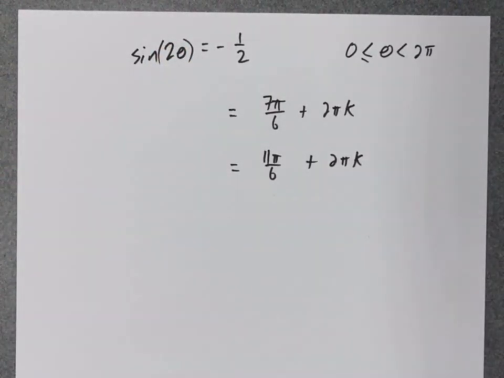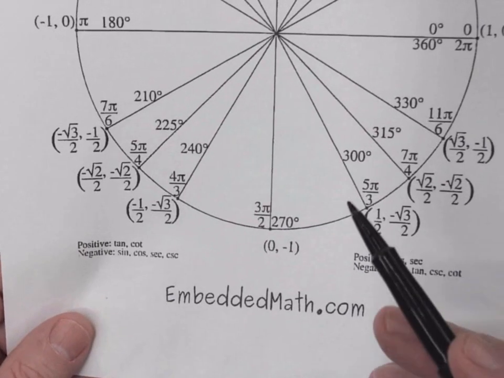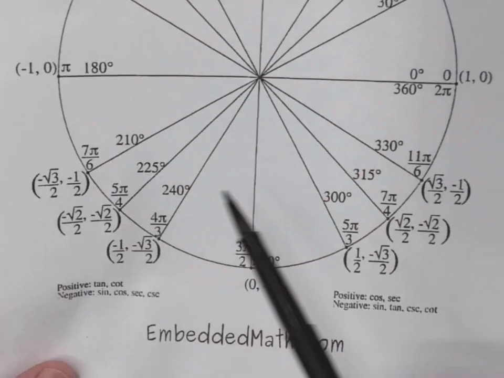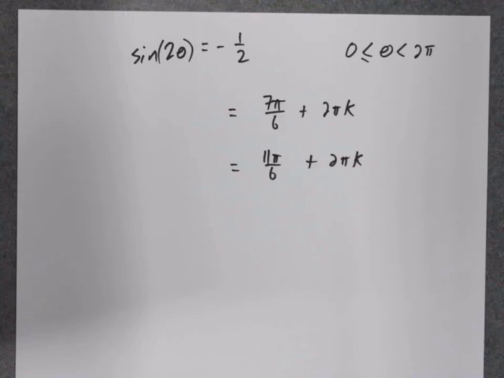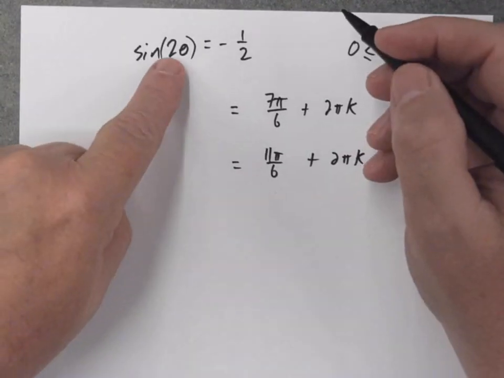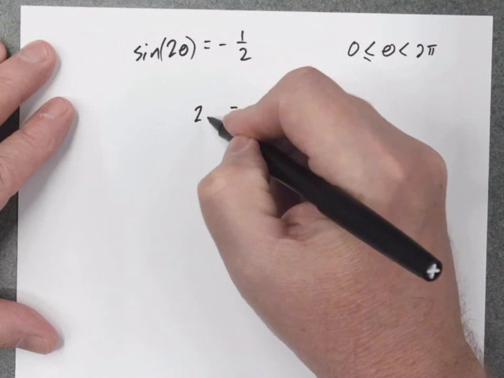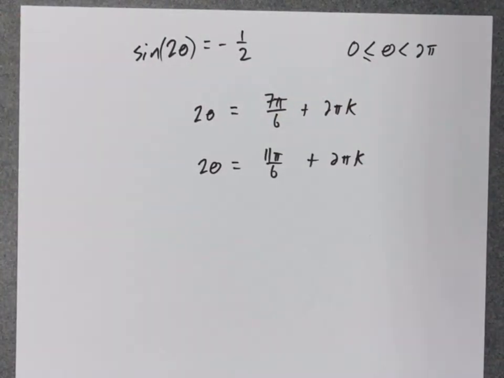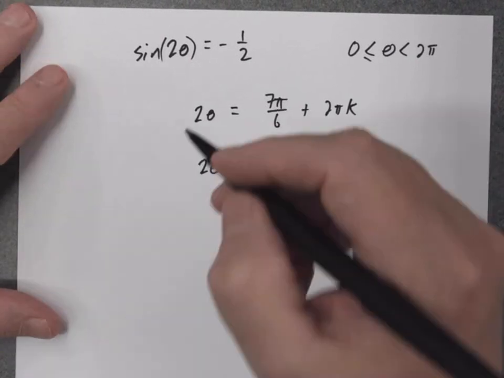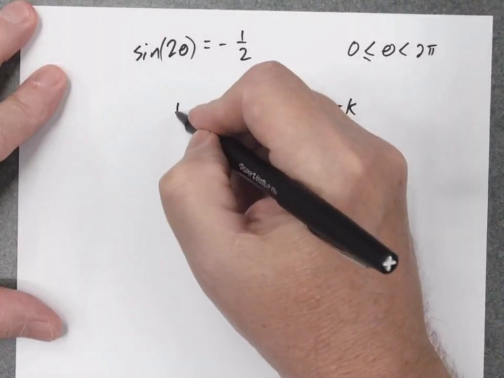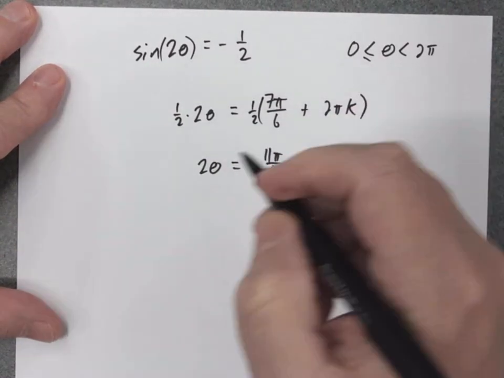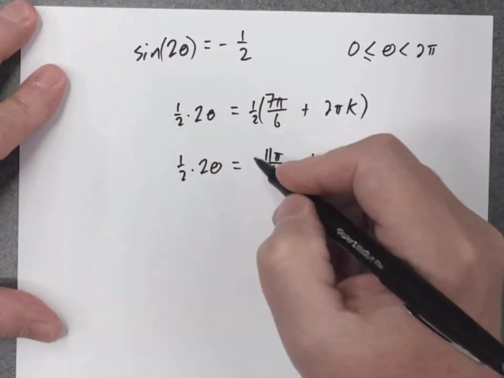So we're looking for a sine of negative 1/2: 7 pi over 6 and 11 pi over 6. But now you bring down the 2 theta to form your equation. If I want to solve for theta, multiply both sides by 1/2.